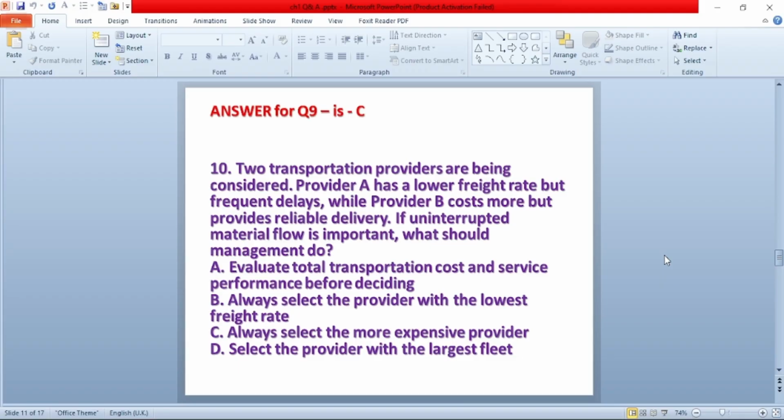B. Always select the provider with the lowest freight rate. C. Always select the more expensive provider. D. Select the provider with the largest fleet. The answer for this question is A. Evaluate the total transportation cost and the service performance before deciding.